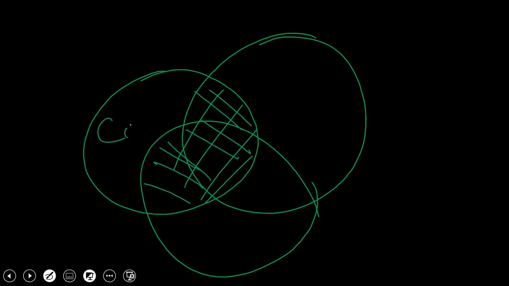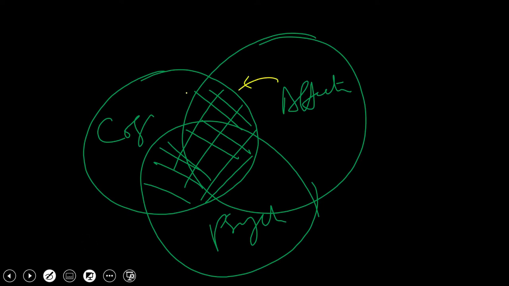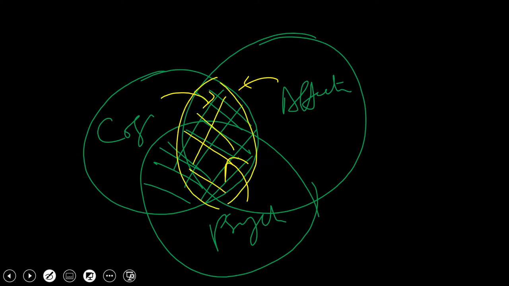So if this is cognition, and this is psychomotor skills, and the third domain is the affective domain, there should be an integration of all these three domains. The more this overlapping area, the more understanding and the level of competence of a graduate will be. Keep in mind this point.